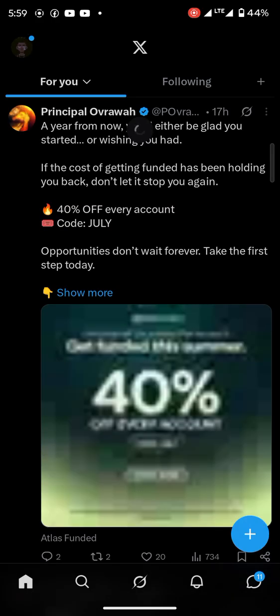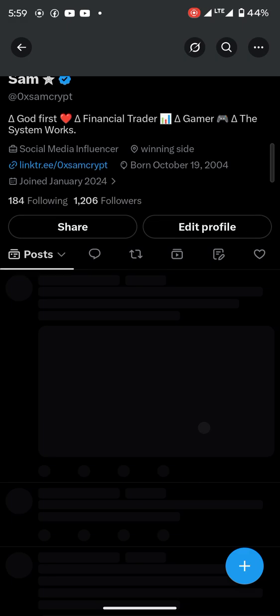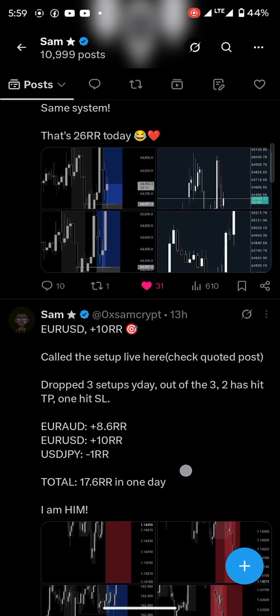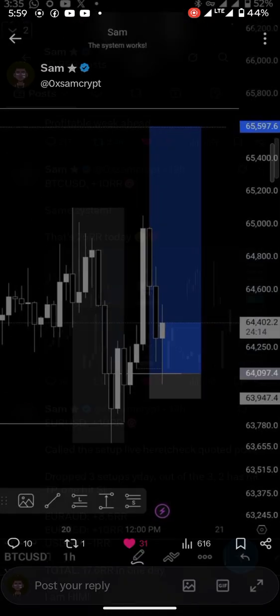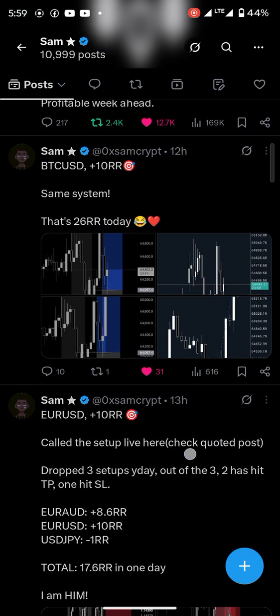I called them live on X. Let me just show you. So for BTC, this is the setup here, and then this is when it hits the pin, so that's the execution.